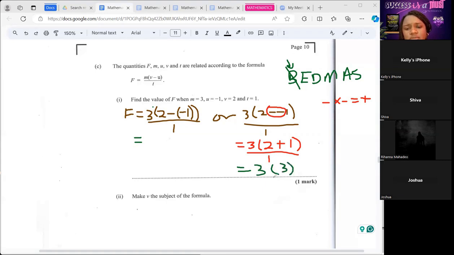Some people would take off the brackets, so they'll leave it. But if you remove the brackets from the 3, you have to put a multiplication sign, right? Because the answer you got in the bracket has to be multiplied by what's outside the bracket. So then we end up with 3 3s are 9 over 1, which can also be written as just 9. Does anybody have any questions about this?